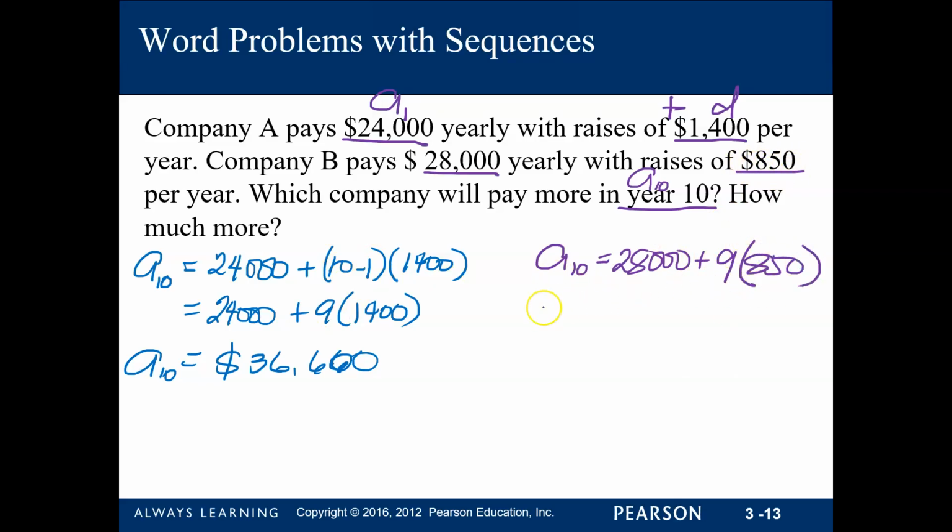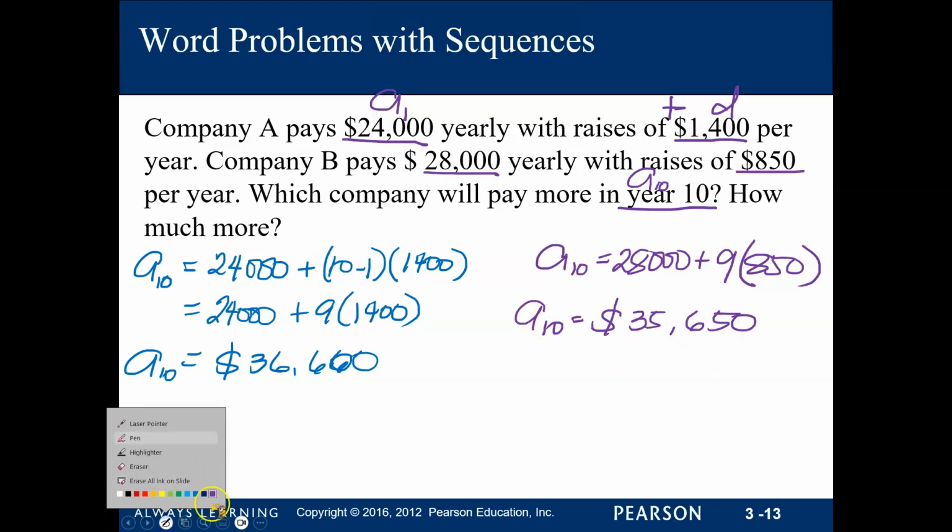So once you plug this into your calculator, you will learn that company B by the end of the 10th year has paid a total of 35,650. So looking at this question and answering the prompt, which company pays more in year 10? You will see that it is company A.